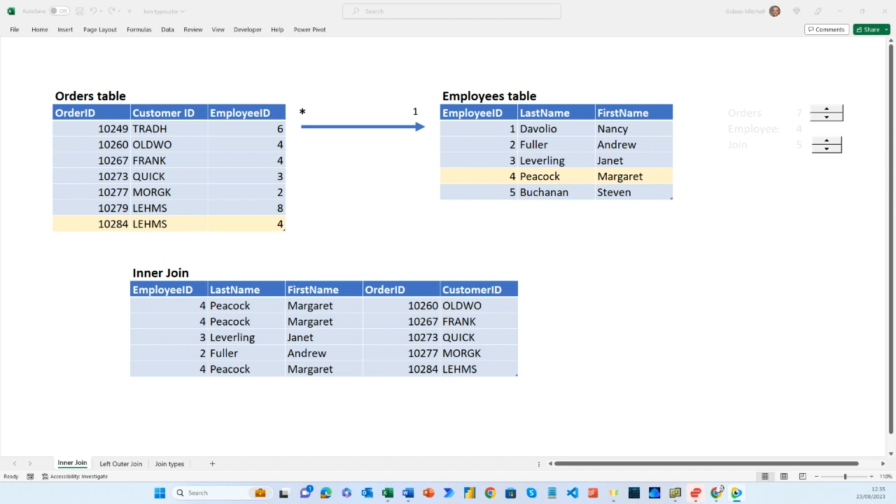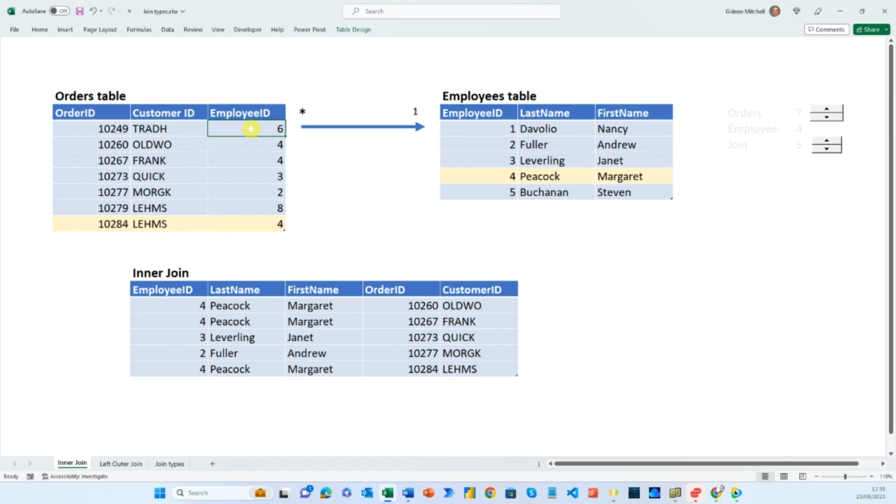What we could say is that where we have written an employee ID on the left hand table in the orders table here with a matching value in the employees table, that means obviously that the sale has been made by the employee.